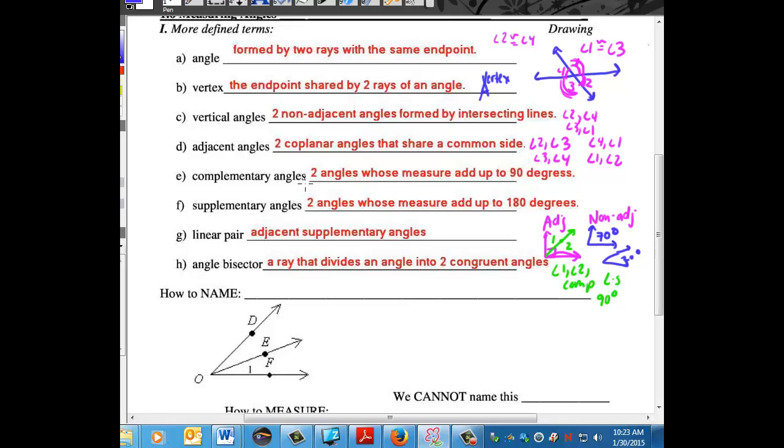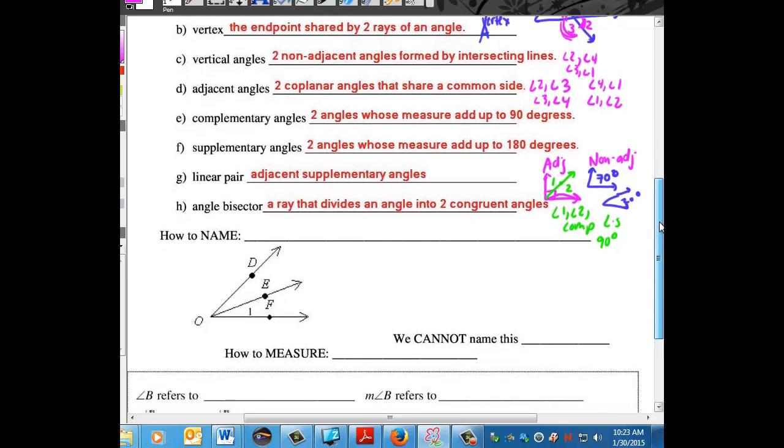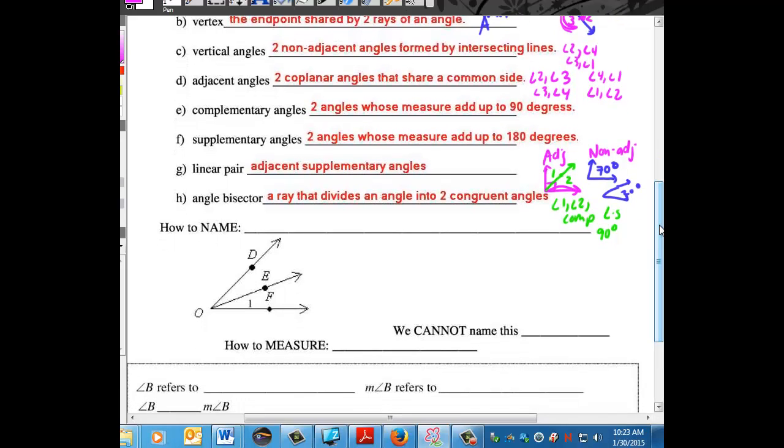All right, then after complementary, we have supplementary angles. And we can do the same thing that we just did. So we're going to do adjacent supplementary and non-adjacent supplementary. For adjacent, we have two angles that add up to 180 degrees.